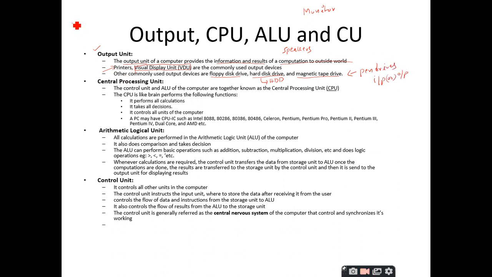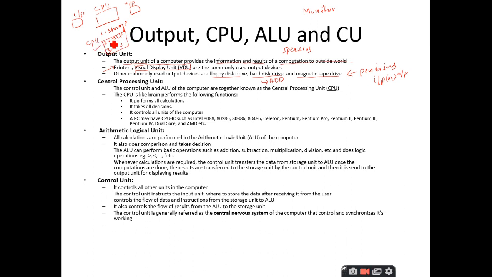So, we are done with the input and we are done with the output, and we are left with the processing unit, the central processing unit. The central processing unit consists of the storage, and it also consists of ALU and it also consists of CU. But this ALU and CU, they are combinedly called as the CPU.